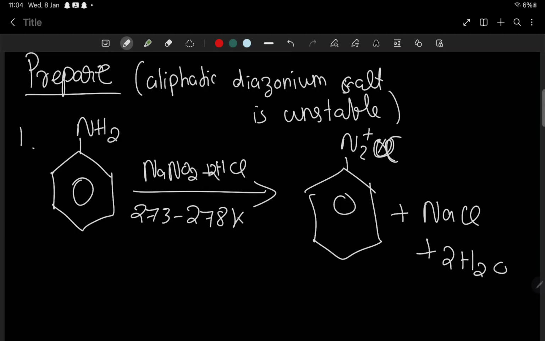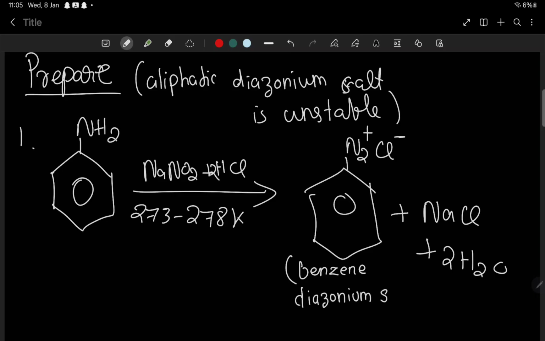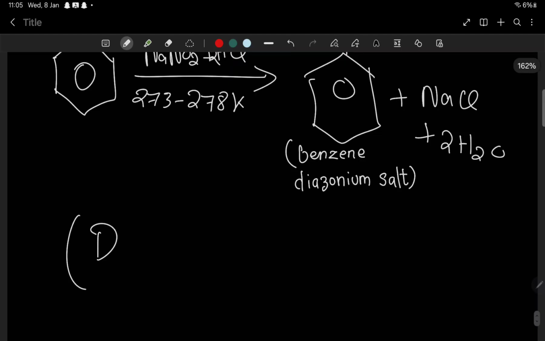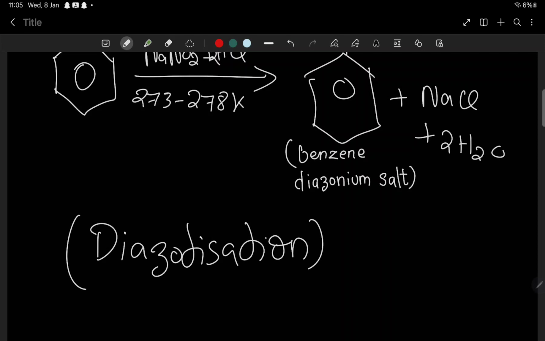So this is the product, called benzene diazonium salt. Only one method is there to prepare this, and this method is called diazotization.